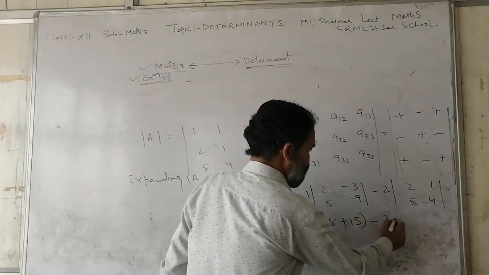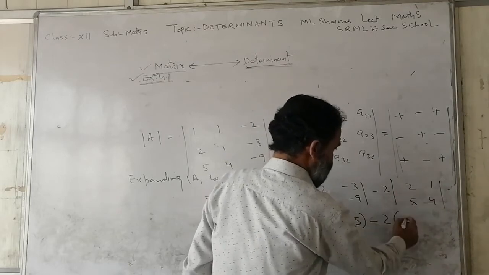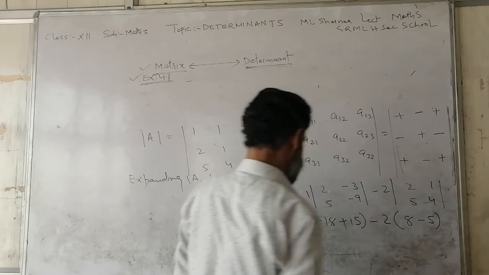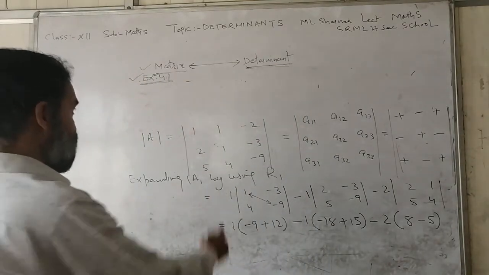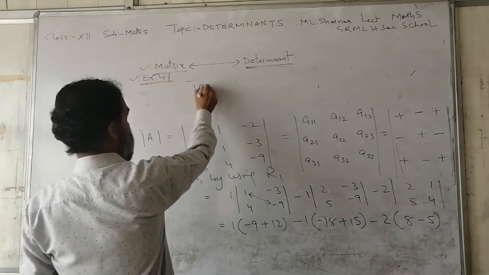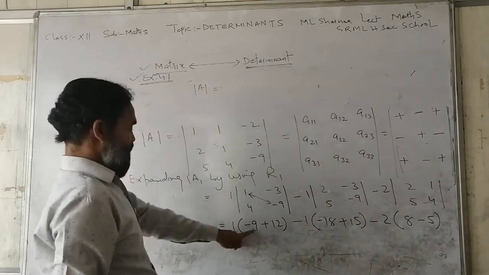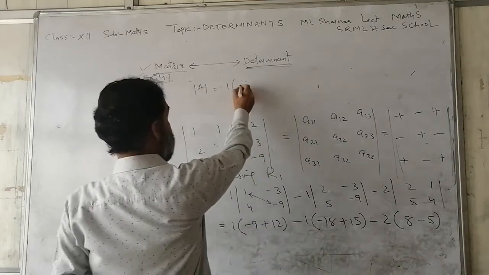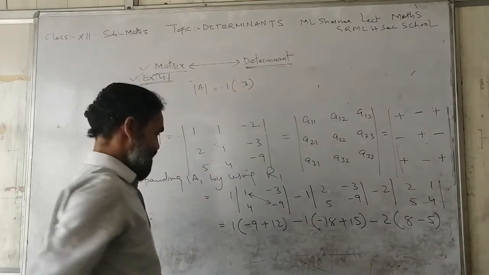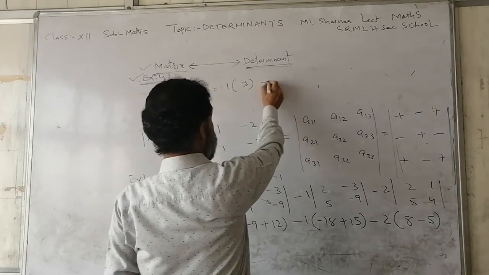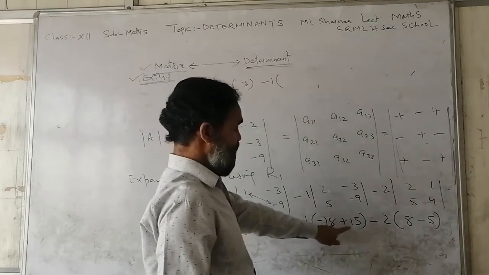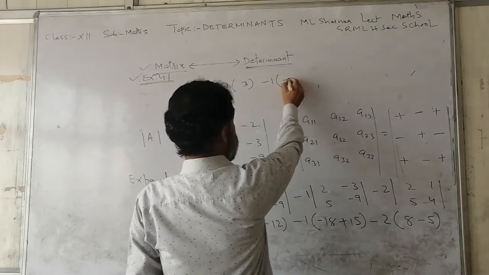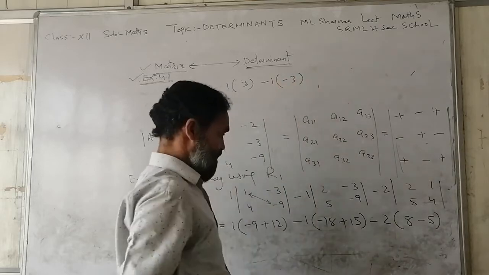Minus 2. 2 into 4, 8. 5 into 1, it is 5. So this value comes to be 1 into, 12 minus 9, it is plus 3. Minus 1 into, 18 minus 15, so it is 3, so minus 3 I will have here.